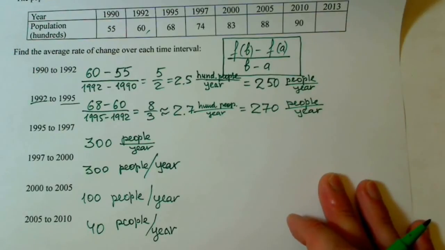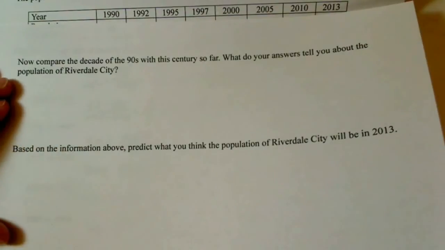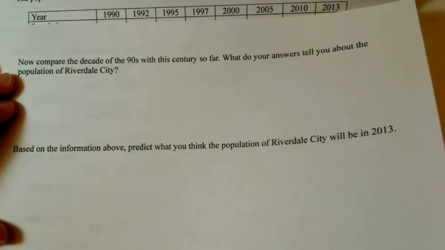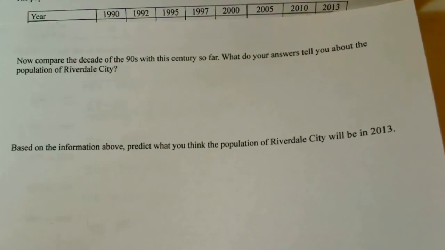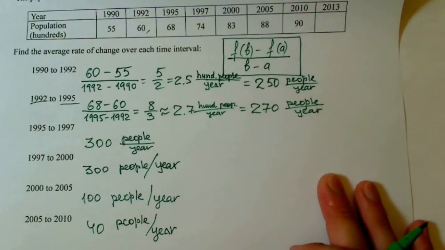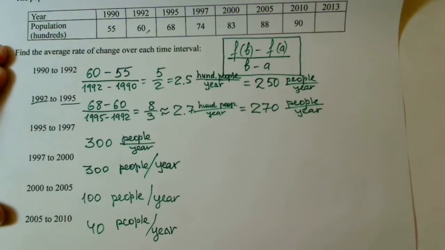Next, we have to compare the decade of the 90s and the first decade of our century. For the decade of the 90s, we compare our average rates of change.